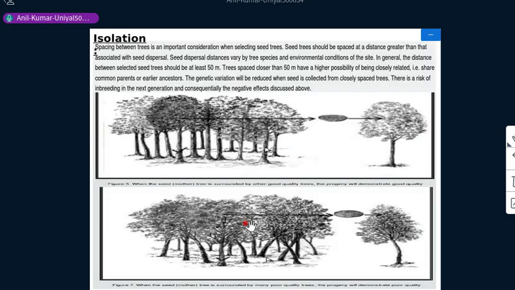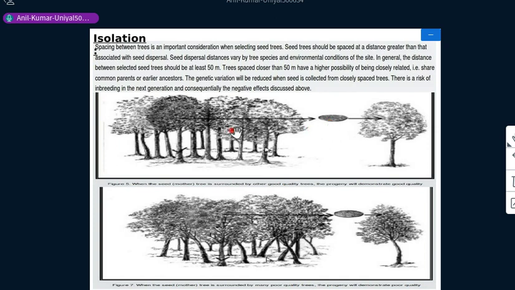Now we come to the next point. For selection of trees there should be a definite isolation system also, as we have seen in this picture. The trees are in close vicinity and have different growth patterns, but as per our desirability we must have the tree that is good in form.